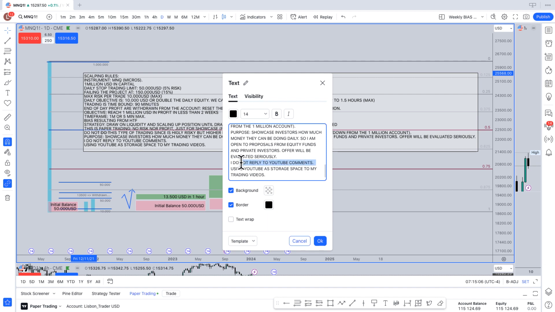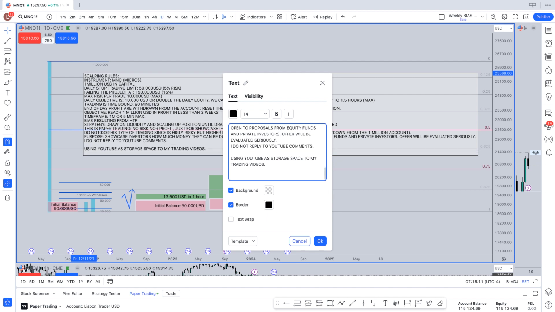I keep on using my trading strategy, and the source is a mix between ICT and price action from experience, I would say, from backtesting.